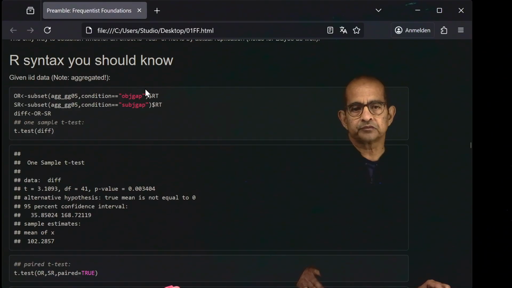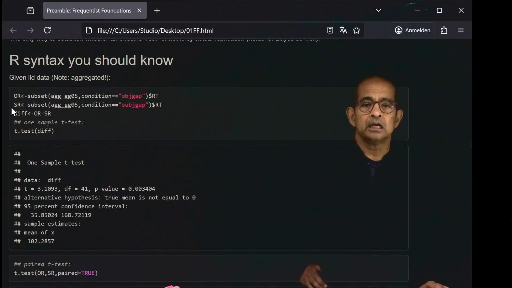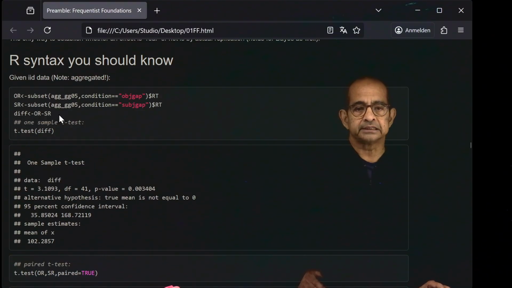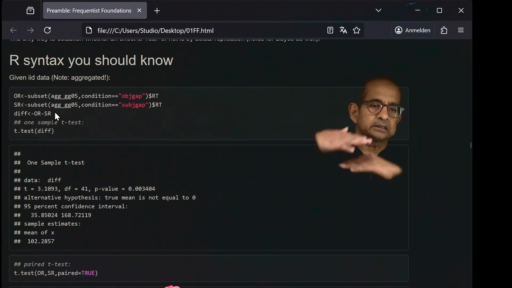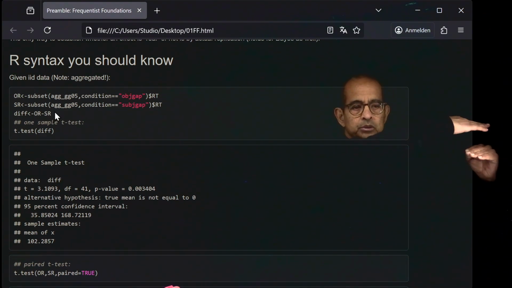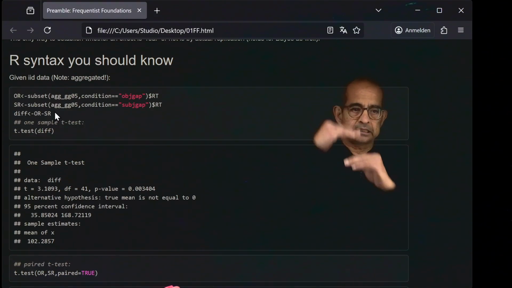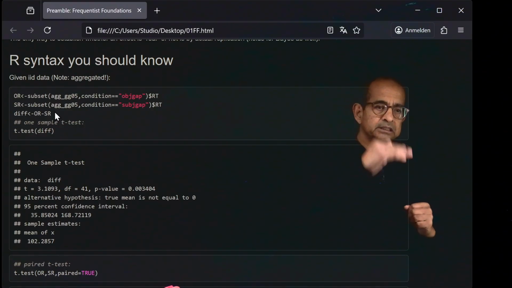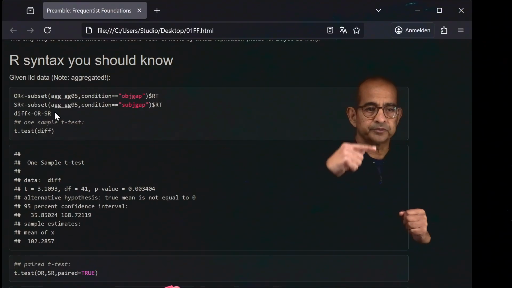So what we do is from the object gap conditions, we extract the reading times. That would be a vector of 42 data points, right? That I'm saving as the object OR. And similarly, I save the subject gap data points, the aggregated data for the 42 subjects, in this SR vector. And then I can compute the difference between the OR and SR vectors. Remember that these two vectors consist of 42 cells, and each of the cells in the object and subject gap vectors are coming from the same subject.